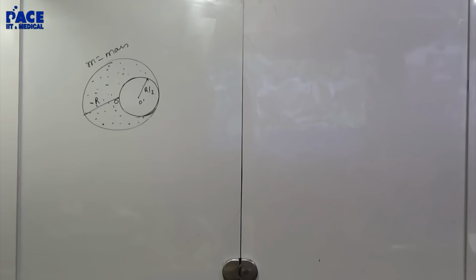M is the mass of the dotted region. We want the moment of inertia of the leftover disk about an axis passing through O perpendicularly inwards.